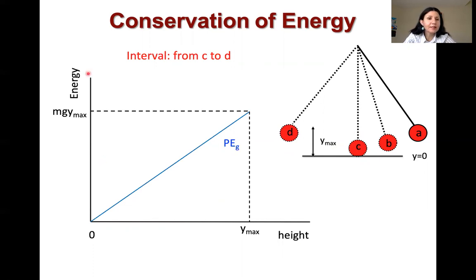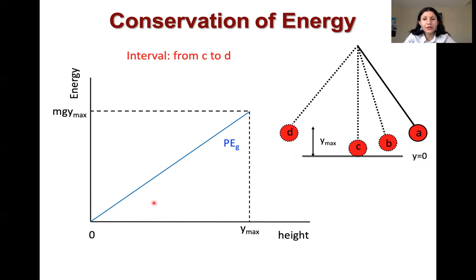What we want to plot is energy as a function of height. So height meaning the vertical position of the ball relative to y equals 0, which we defined at the lowest position of the swinging ball.